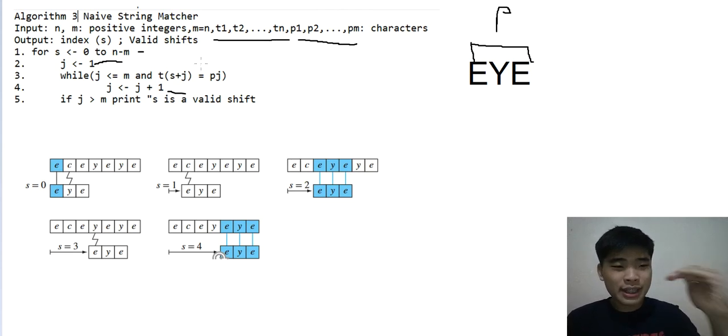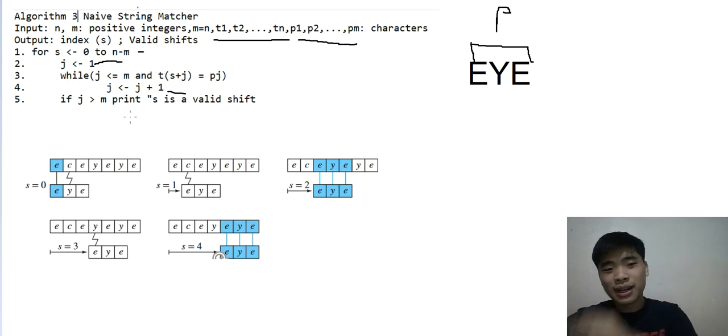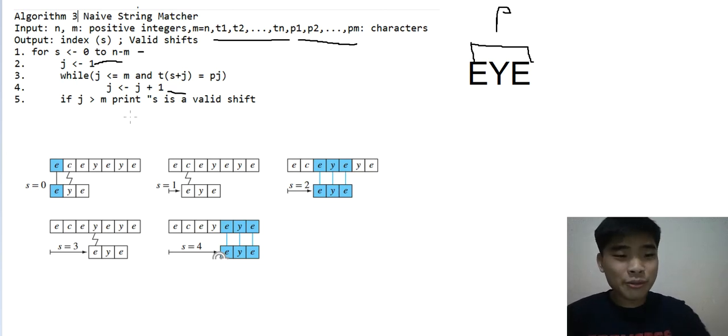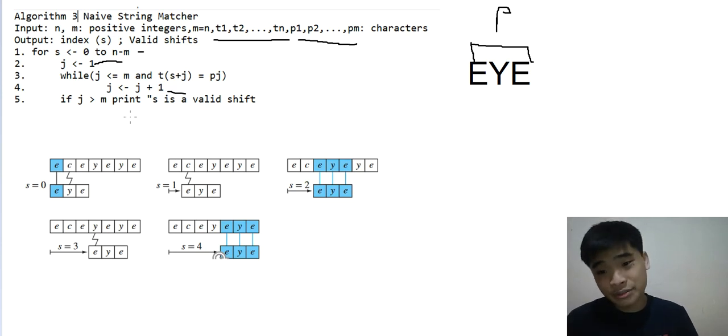Then if it satisfies the while loop, we increment j by 1 and we compare again if the next character is equal to the next character of the pattern. And if we keep on satisfying this while loop, and we arrive at j greater than m, then it is a valid shift.